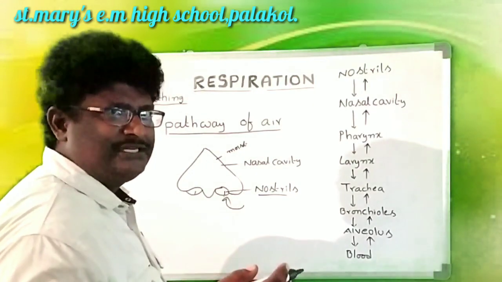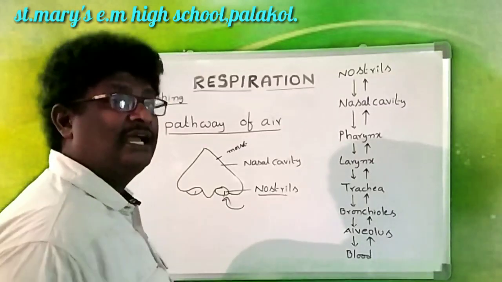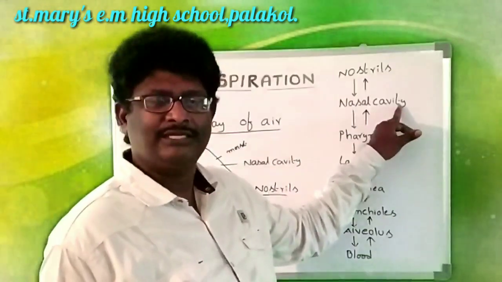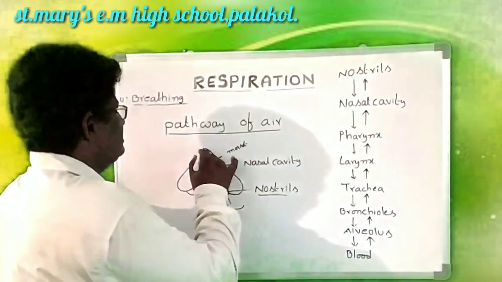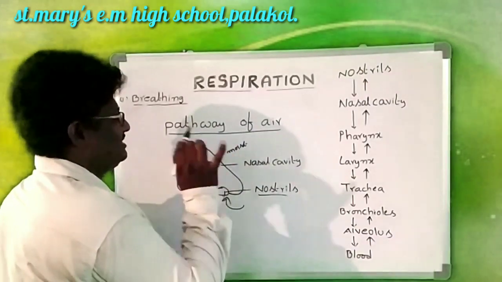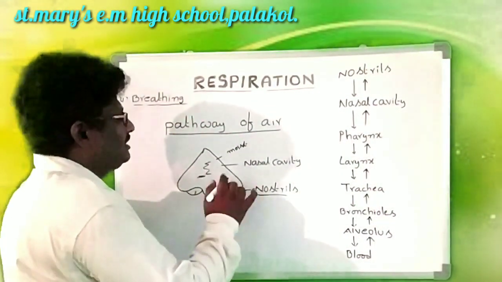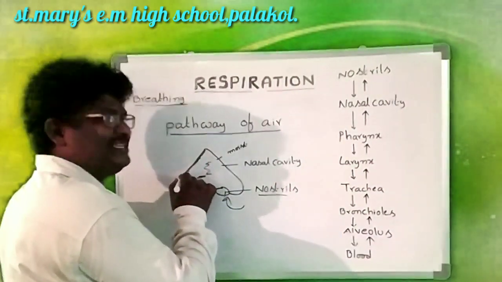When it enters the body, it reaches the next part, that is called nasal cavity. So this is the nasal cavity. If you observe the lining of the nasal cavity, it is always moist in nature.